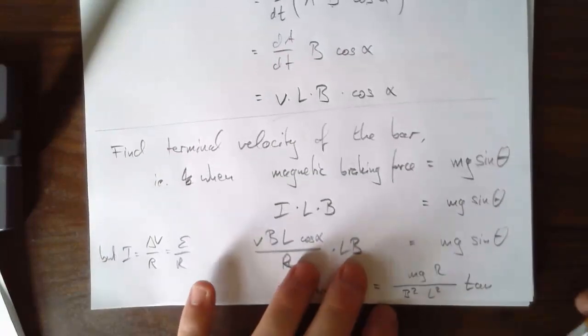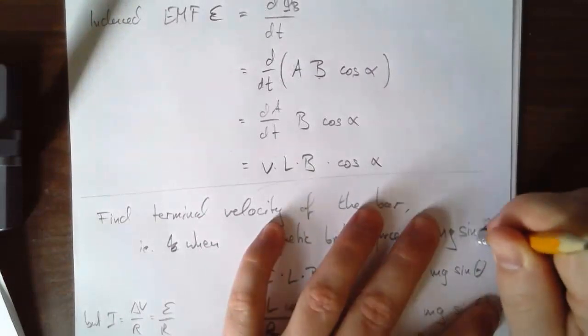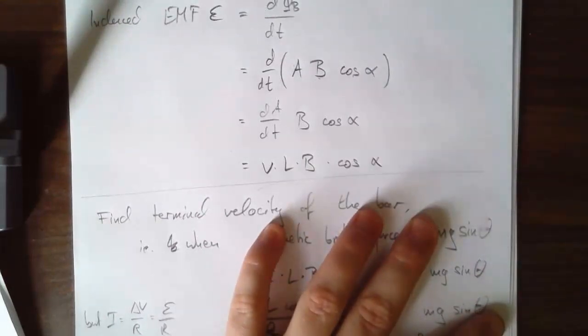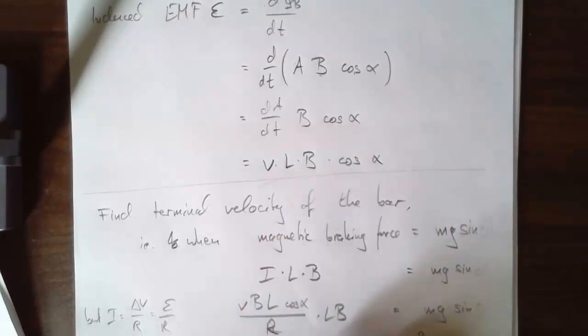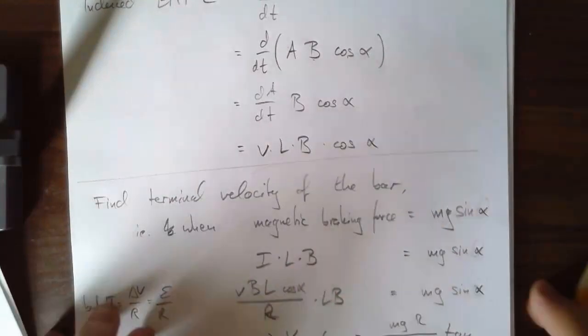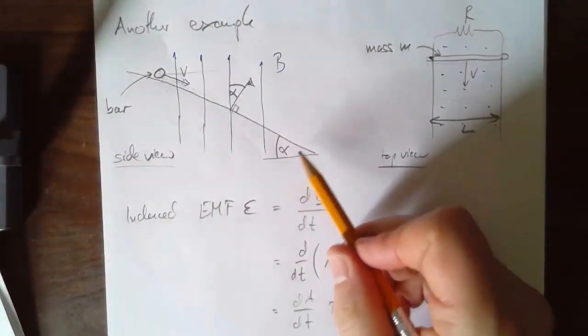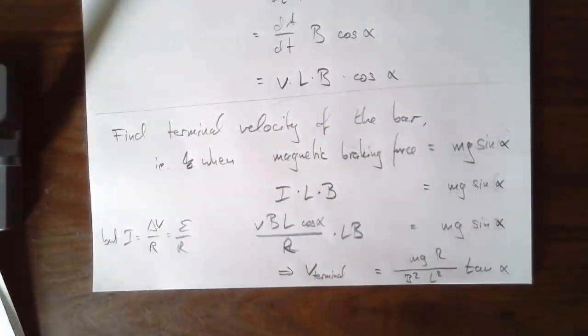Oops, of course I used theta here, I should have used alpha. Excuse me. I wish I had a better eraser. Alpha, alpha. But of course it's alpha, because that is what we call the angle. All right, and that is our final answer.